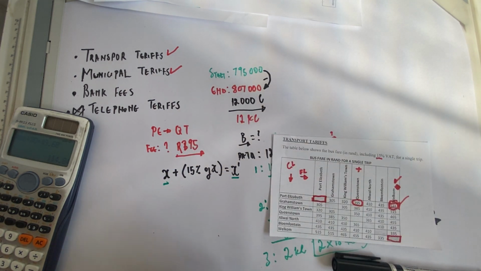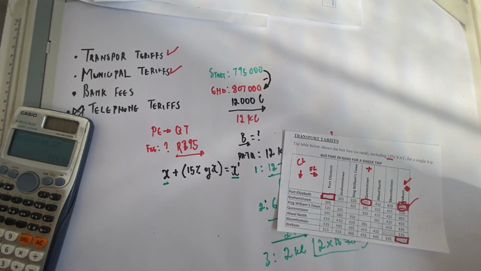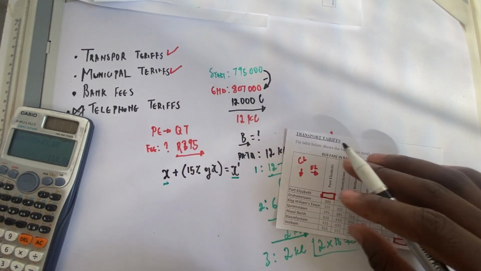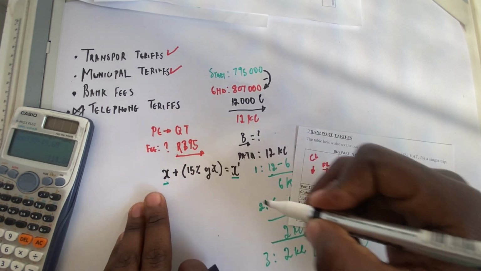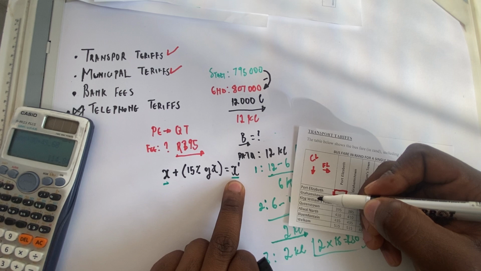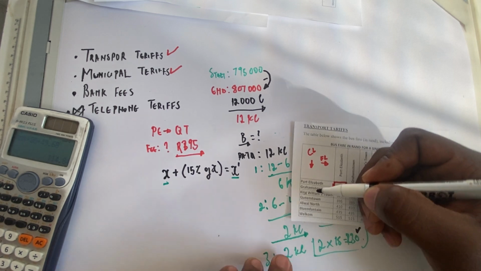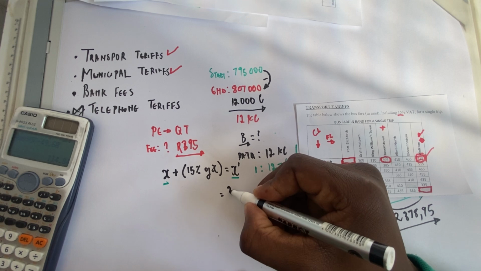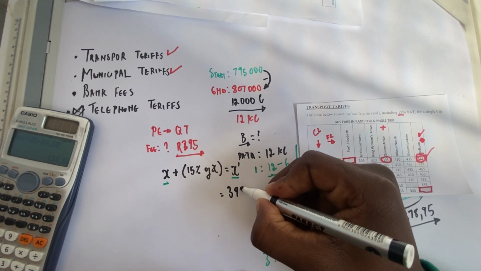So since this is what I was going to have, what can I do? I could say that, fine, I'm going to combine these two. Do I know the amount without VAT? No, I don't. But I know the amount with VAT, so I'm going to write the amount with VAT there, which is 395.